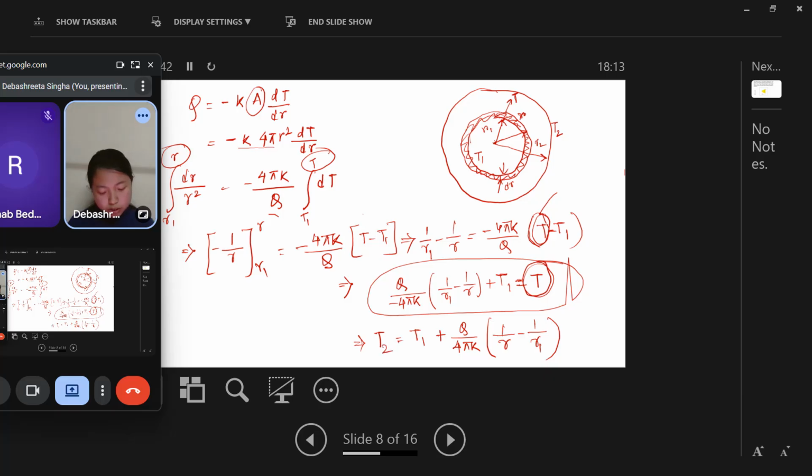So if you put here T2, then you get R2. Now what is the Q for this?